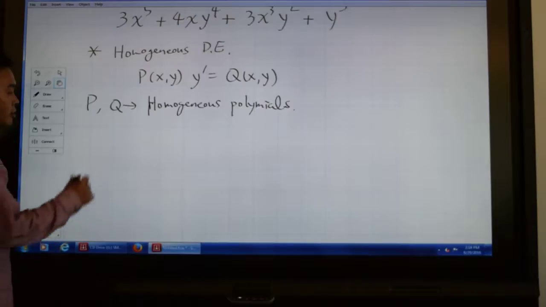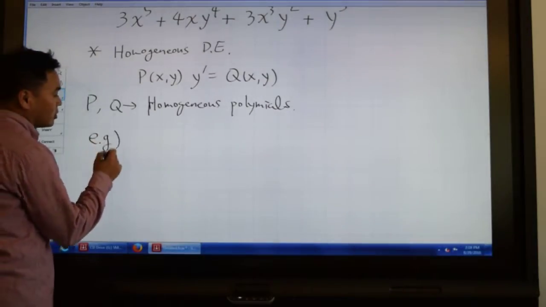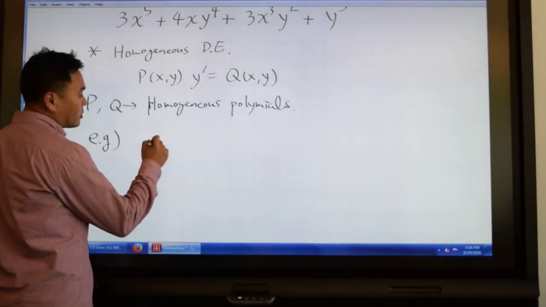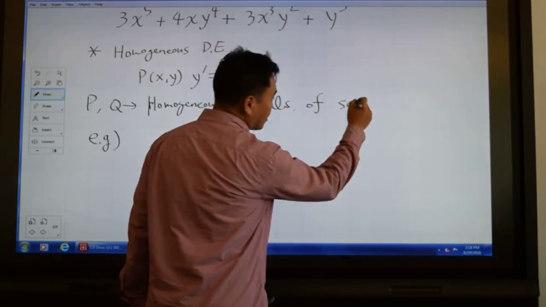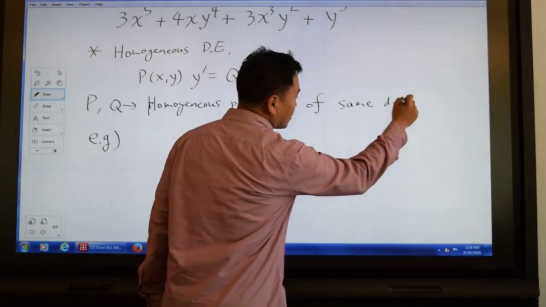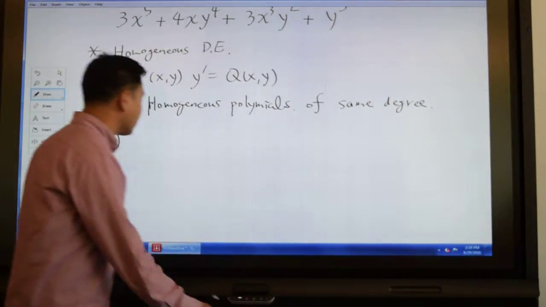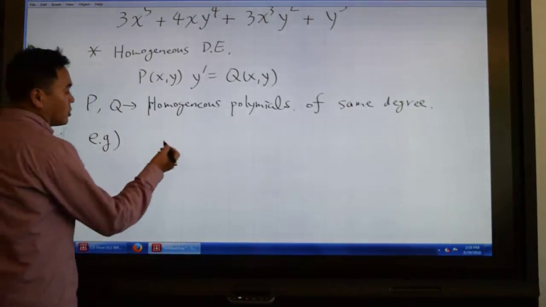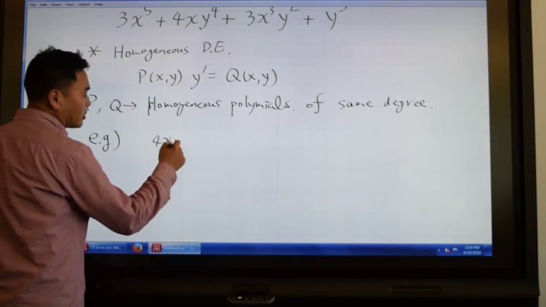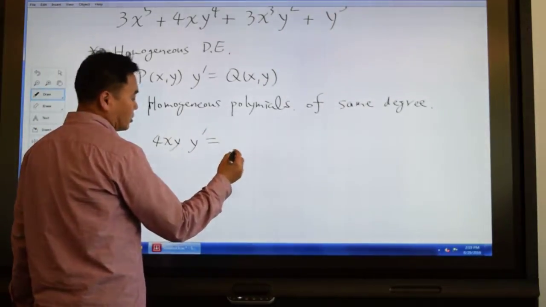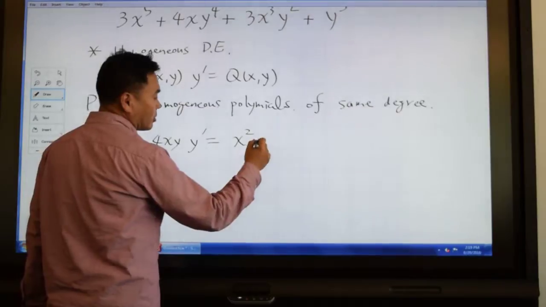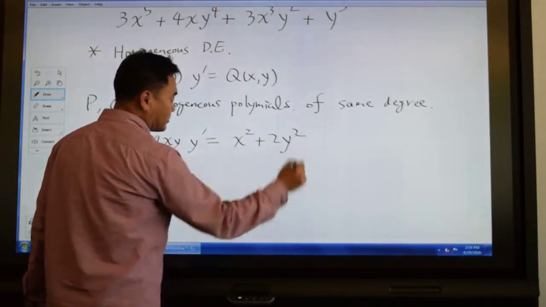Now let me give you an example. Suppose you have, of the same degree, for example, 4xy y prime equal to x squared plus 2y squared.